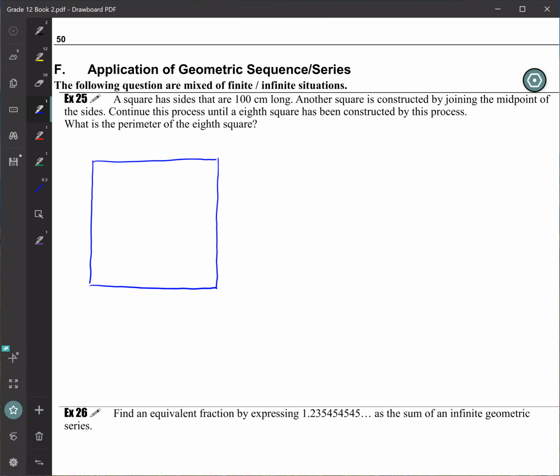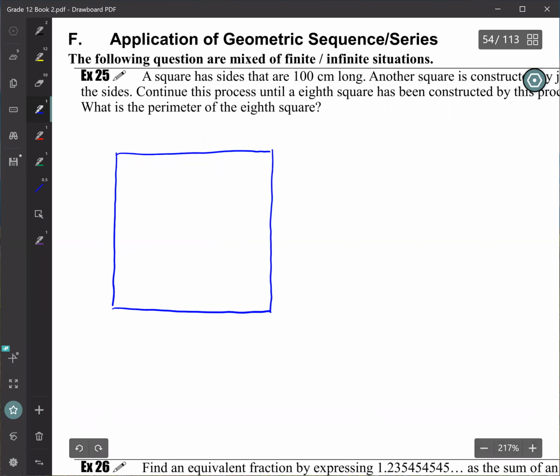Okay, can I have Kelly draw on the screen? Can you show me what you got on your paper? I can't draw on the screen. Oh, with the mouse? Oh, okay. How about Cindy? Are you able to draw? Yeah. Okay.